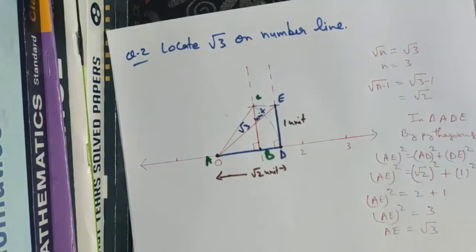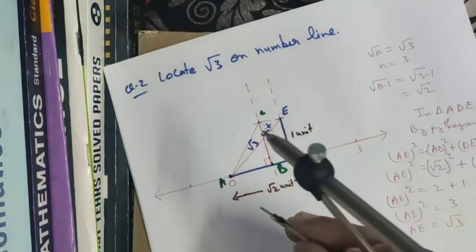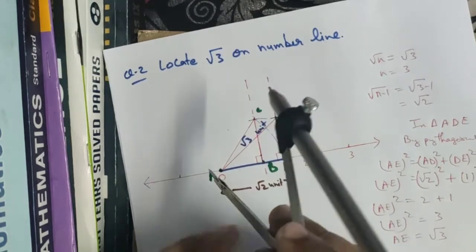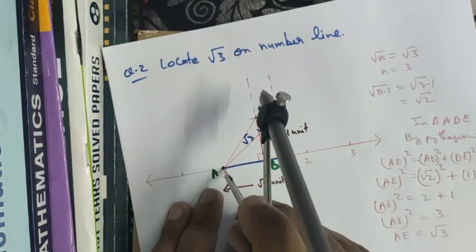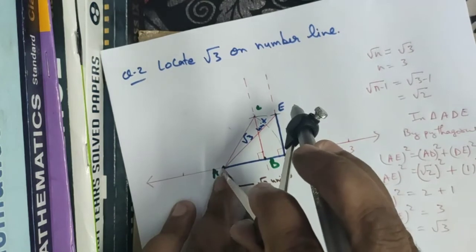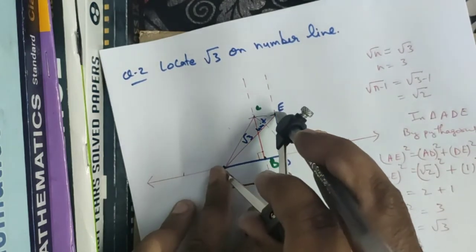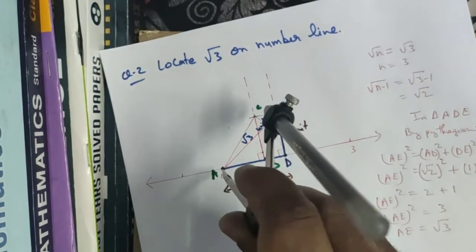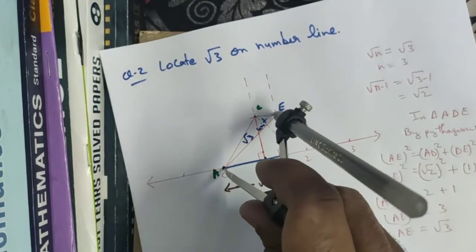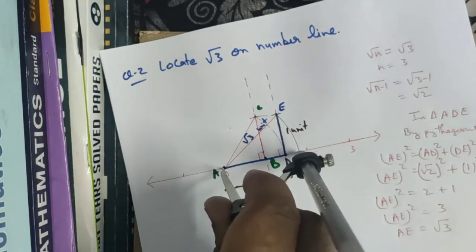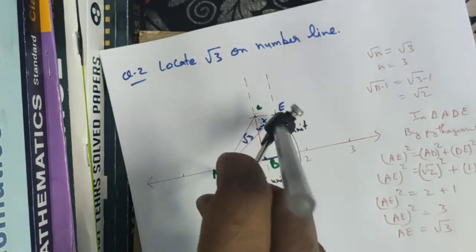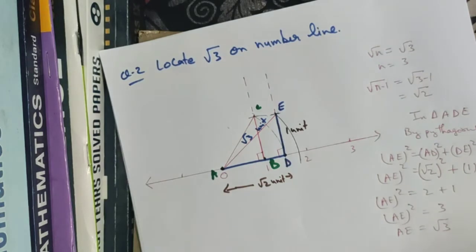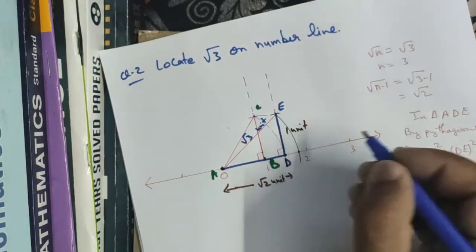Now, in order to represent on number line, we have to take the measure again equal to AE, and we have to draw an arc intersecting the number line, and this number line is intersected at this point.